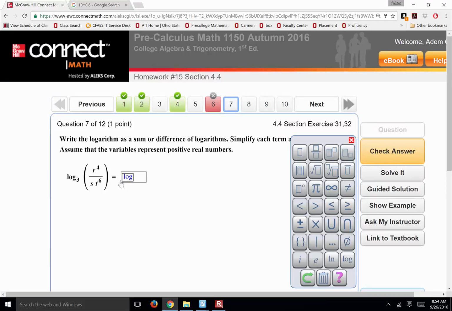You're too early. Log base 3 of r, 4 going in front, right? Minus log s, minus 6, right?